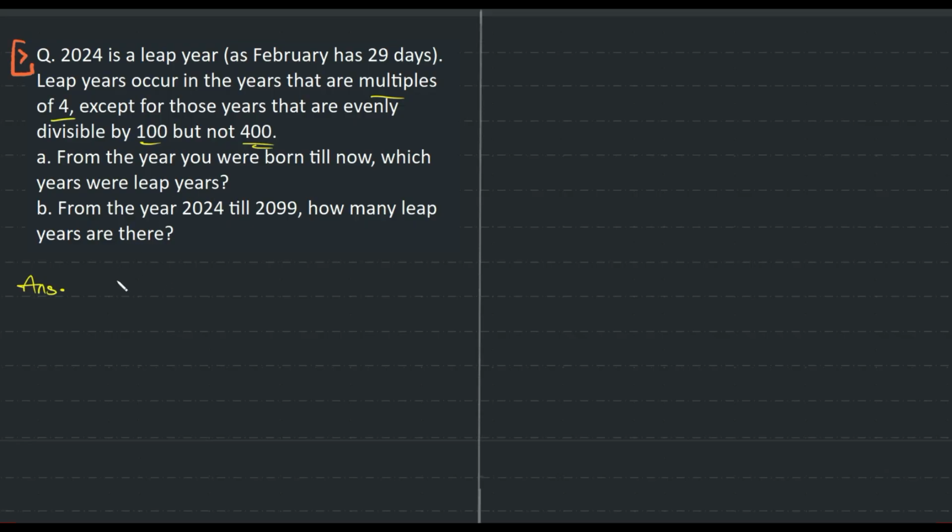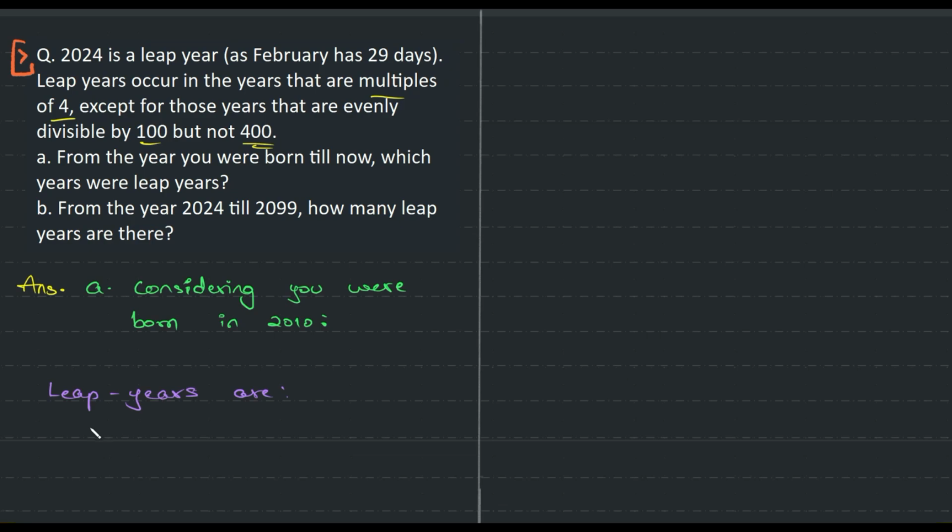So this is a bit personal, but I'll consider that you were born, just for the sake of it, in 2010. Now, what is the number which is divisible by 4 and greater than 2010?